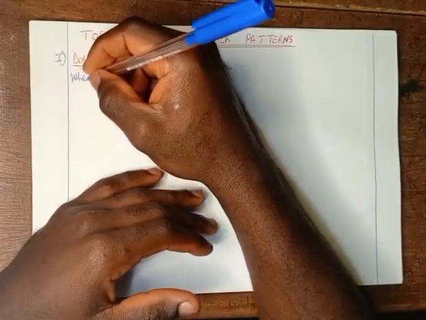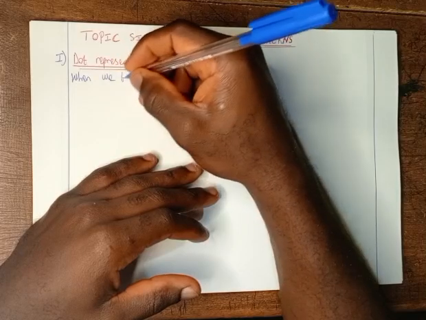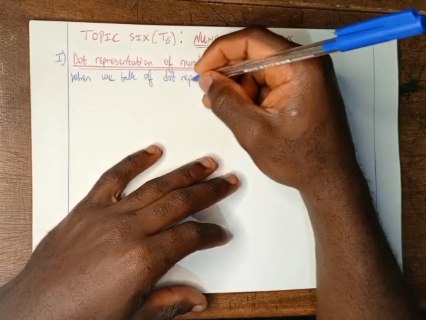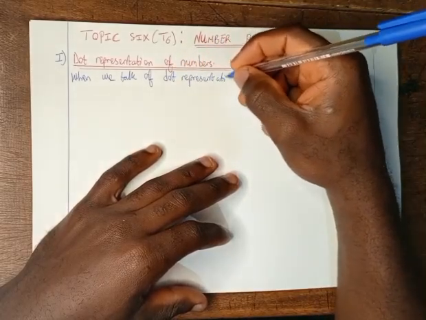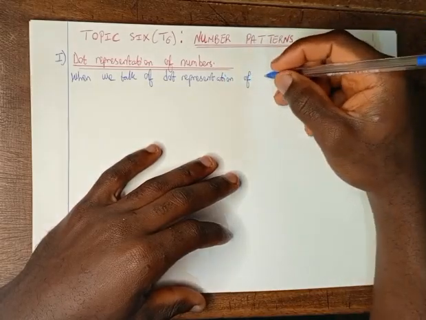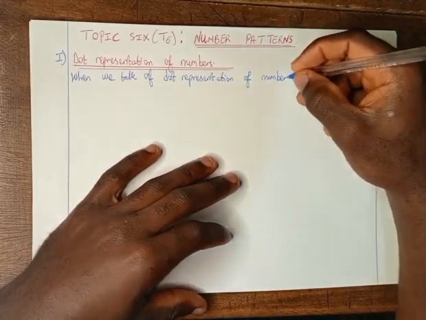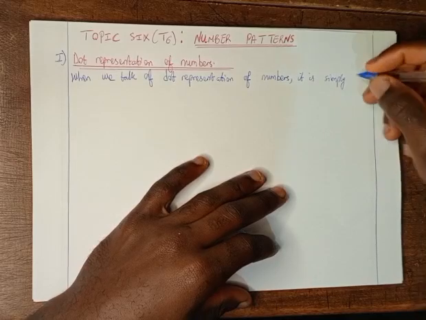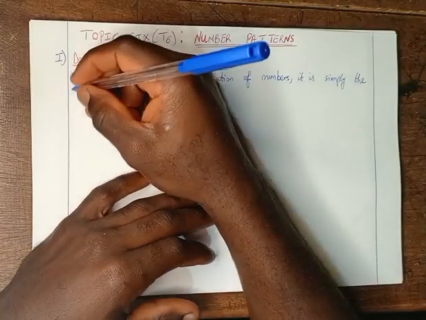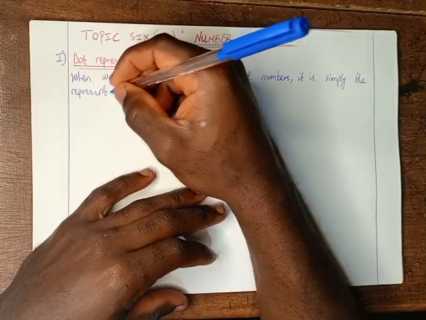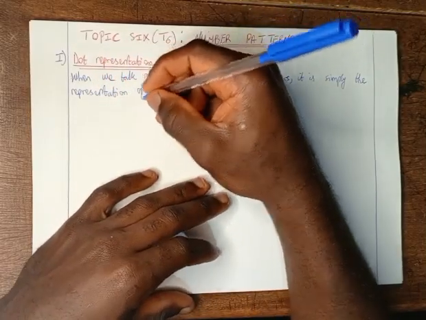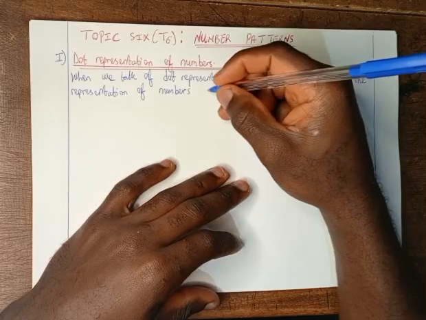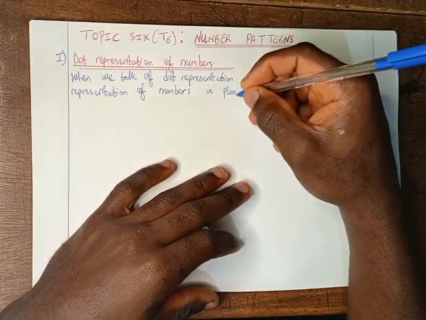Let's write this down. When we talk of dot representation of numbers, it is simply the representation of numbers in plane figures.